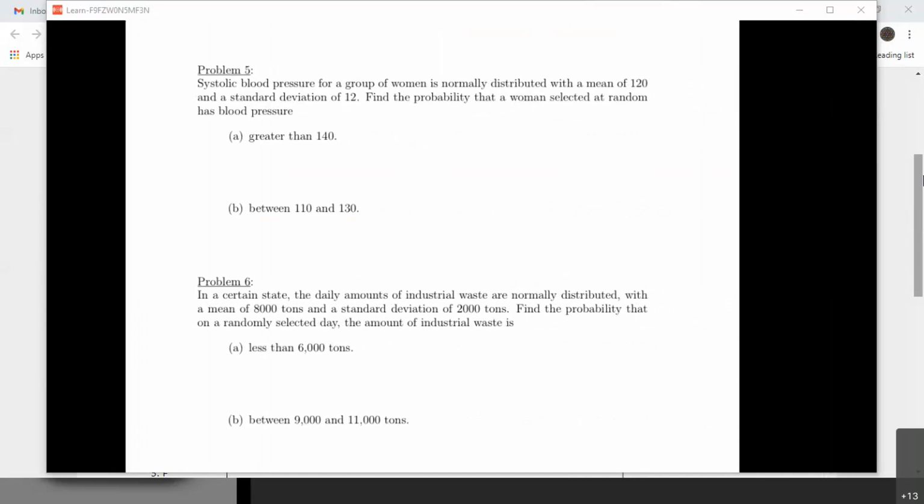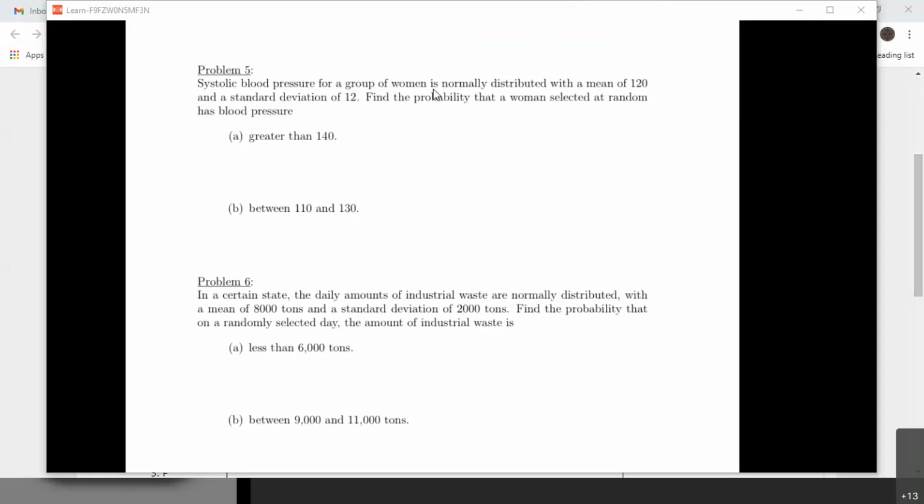For example, blood pressure. Your blood pressure, if you've ever had it taken, has two numbers. The top number is called systolic, the bottom number is diastolic. I'm not a biology person, but I think one is the force your heart's pumping with, and the other one's the force your arteries pump with. So the higher number is your systolic blood pressure.